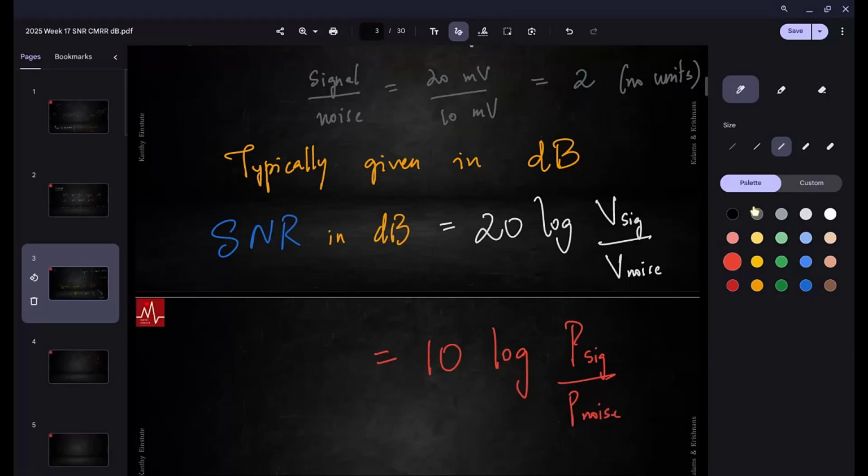If things are given in terms of watts, you use 10 log, and the base is also sometimes important, so let me put it: this is logarithm to the base 10. If voltage is given, V square by R will be the power, so you use 20 log.